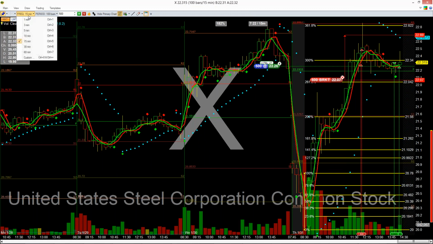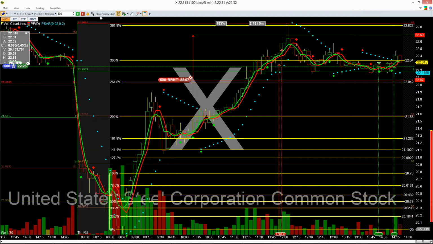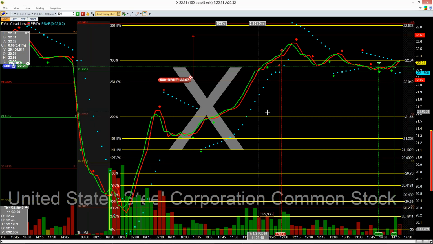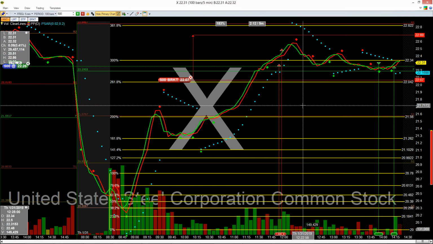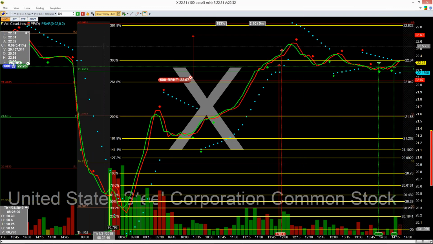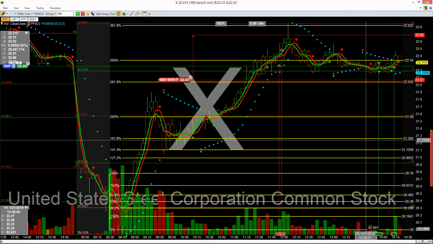Now let's go back to our 5-minute. Well, technically, if you're going to use Fibonacci, you really need the price chart, because that's what it's based off of, price, not pressure.